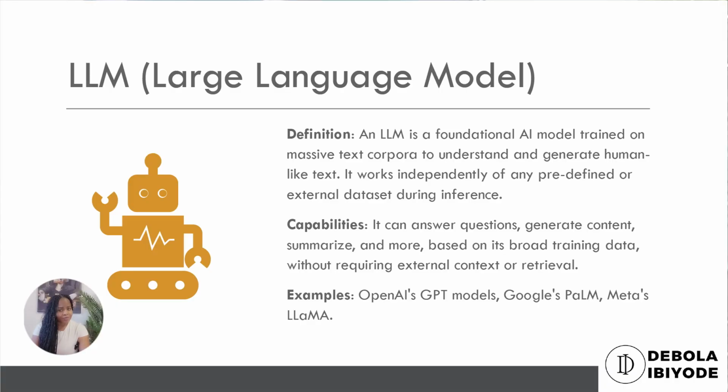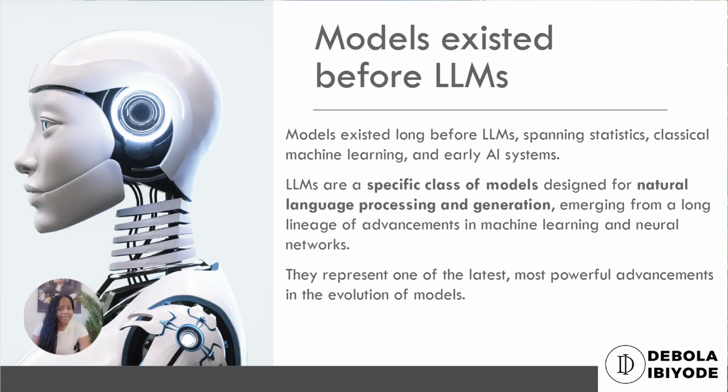A large language model is a type of AI model that is trained on human text to be able to understand and generate text or human-like text. That is the task for a large language model. There are other AI models, like I say. So we have the classical machine learning models, the statistical models, the time series and forecasting models. There are quite a number of them before LLM.